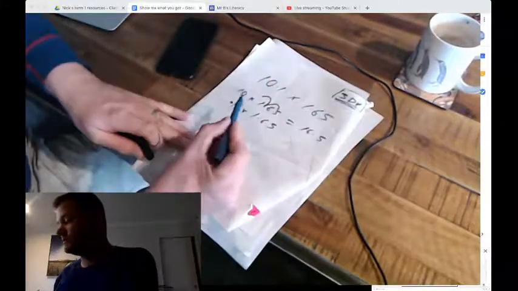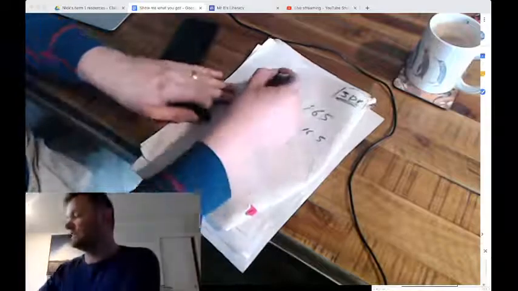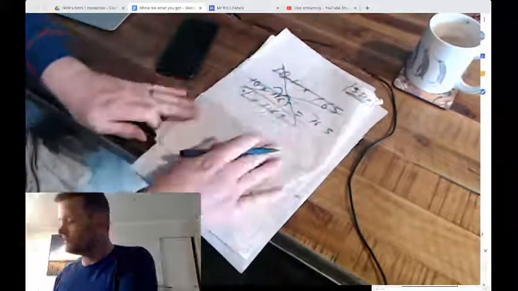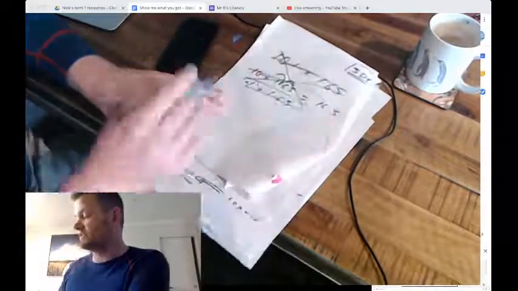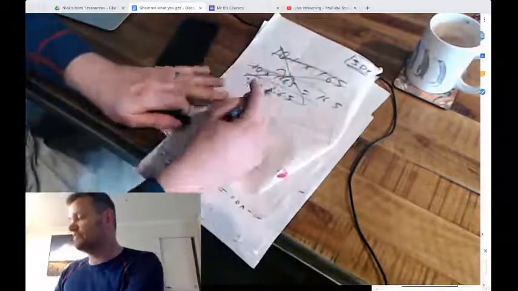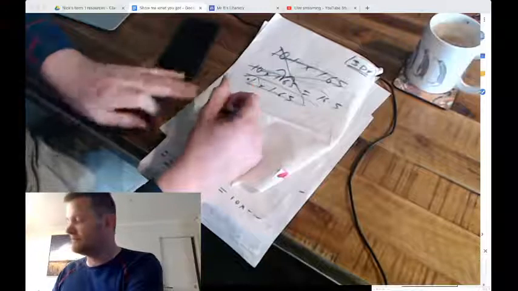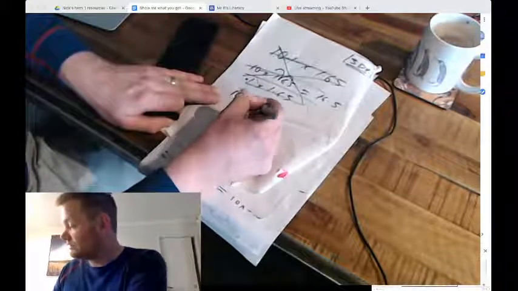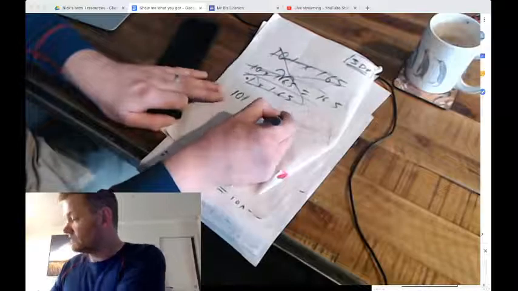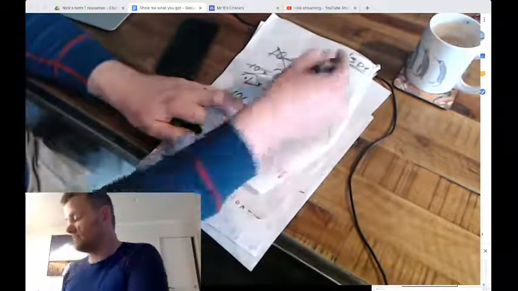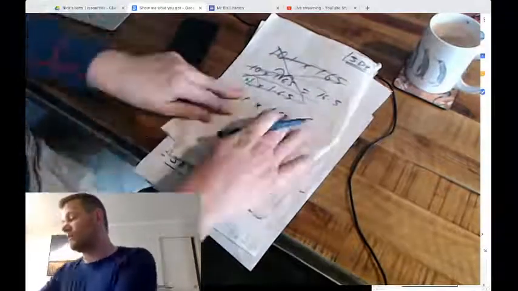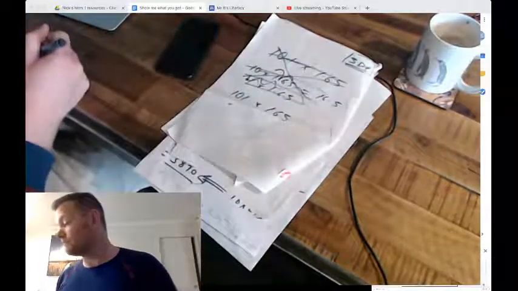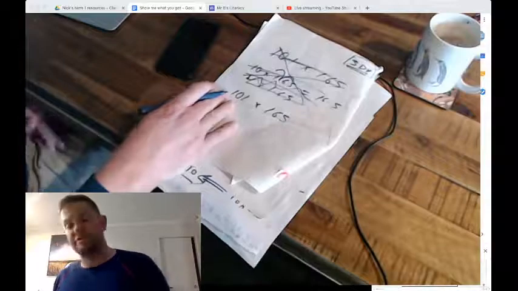So I'm actually going to do it the way I said to do it. Sorry guys. I'm going to do it that way because then there's no issues with moving stuff. Okay, so I'm going to treat it like 101 times 165 and hold those 3 decimal places.